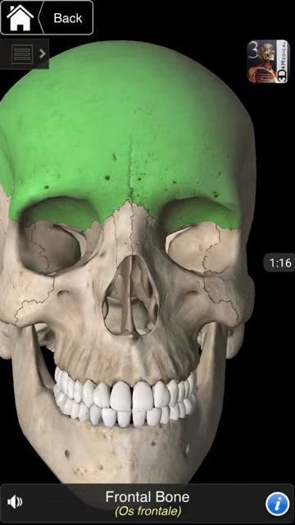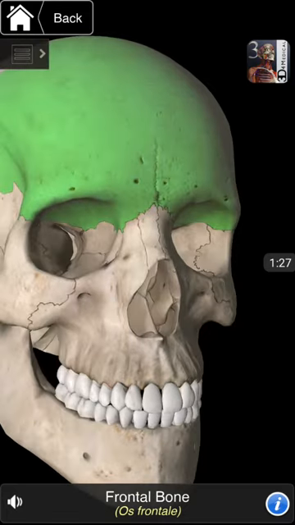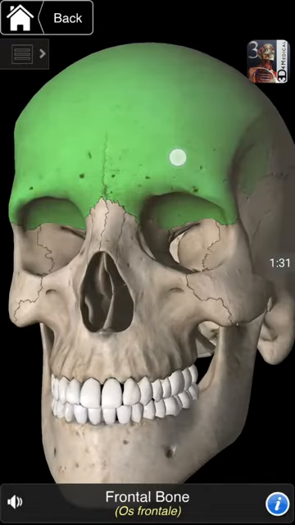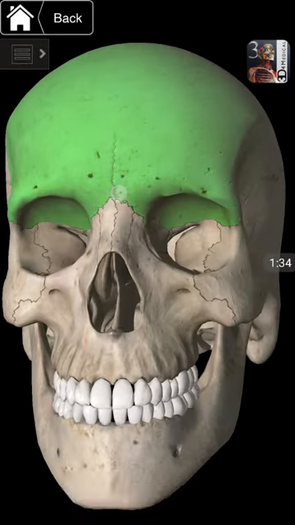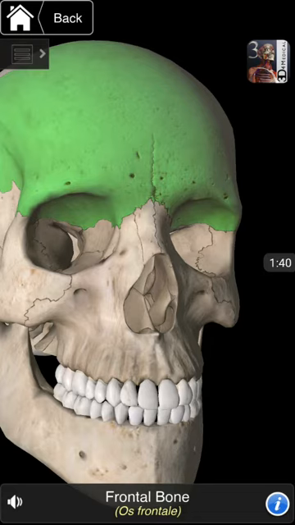So this is the vertical plate, and here you are looking at it from the inferior view. This is the horizontal plate, and here you can see a line in the center. This is the metopic suture, and it is formed by the union of two frontal bones.